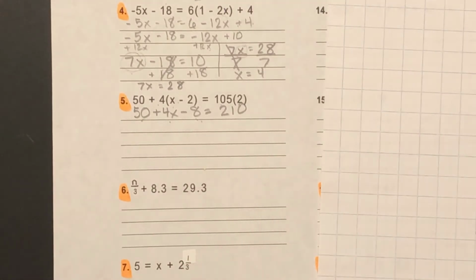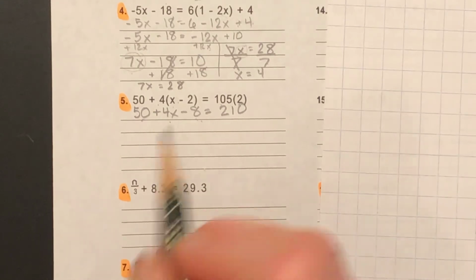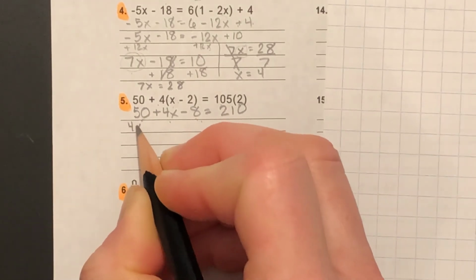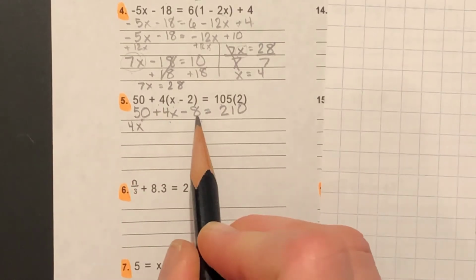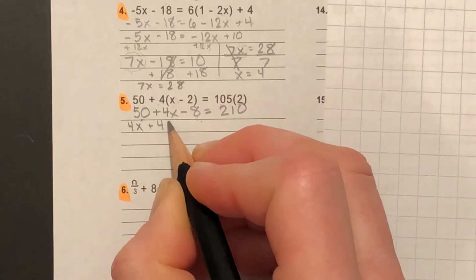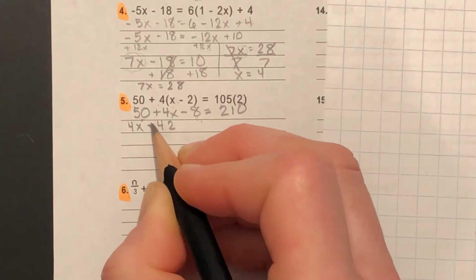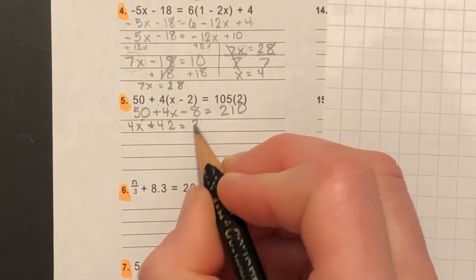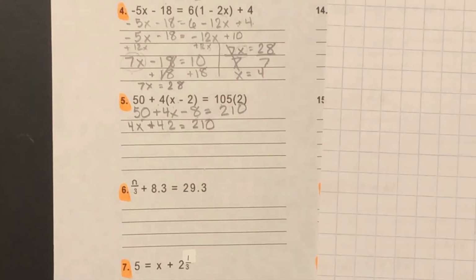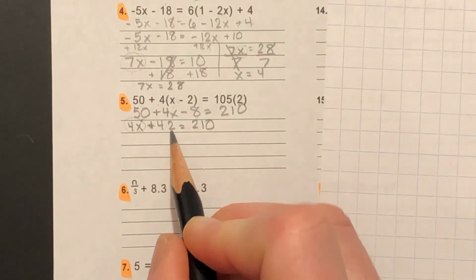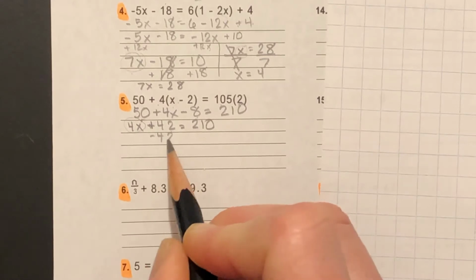So, okay, the next thing I need to do is make sure I've got all my like terms combined. So I'll start with 4x. Then I've got 50 minus 8 is 42. Equals 210. All right, so now I have to isolate the variable term, so I will subtract 42 from both sides.